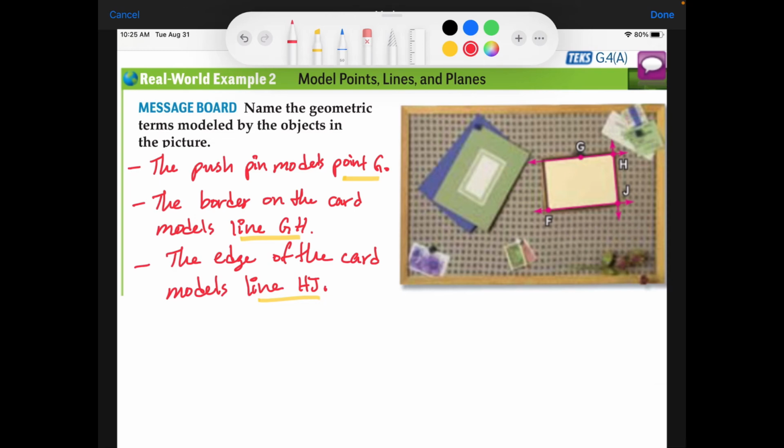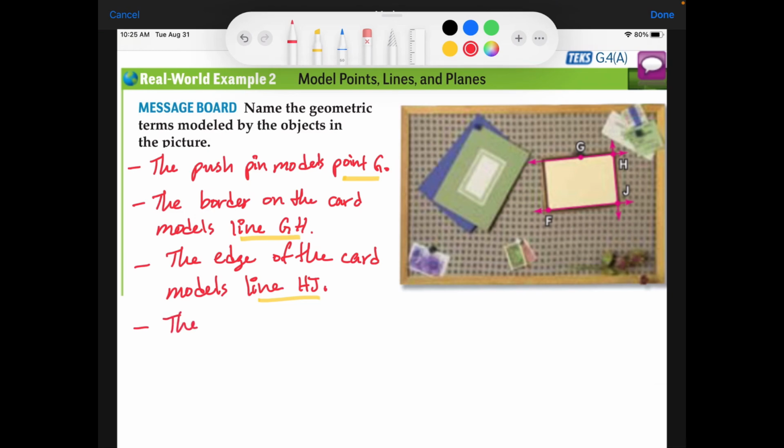The last thing is that the card itself models a plane, right? So a plane obviously goes infinitely in both directions, in all directions. But we use a paper-like picture to represent what a plane is.